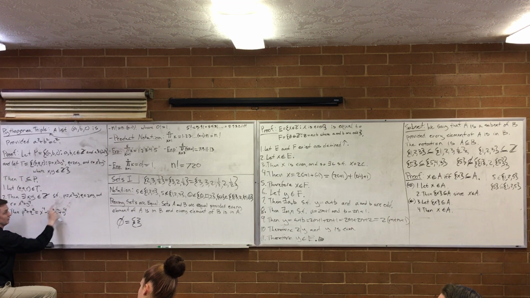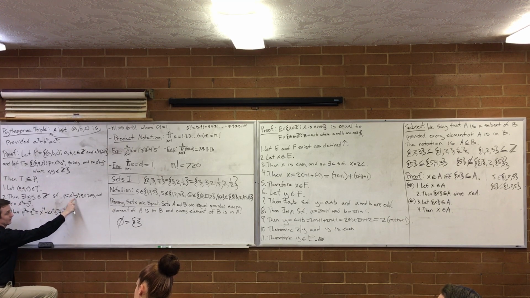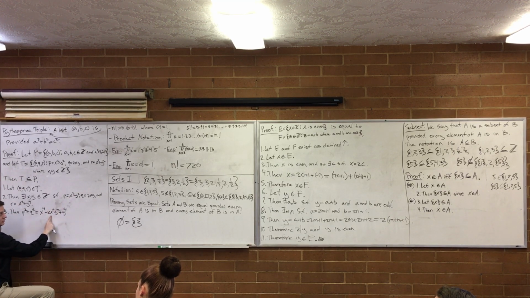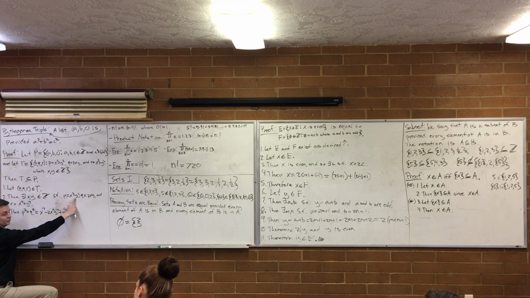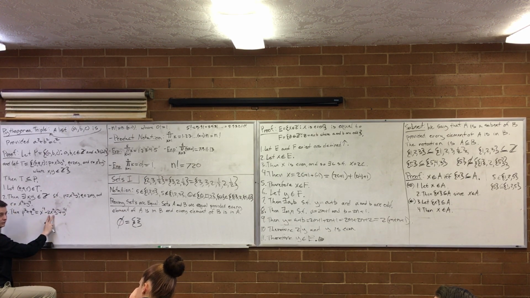You just square this. You do that times that plus that times that. x squared times negative y squared plus negative y squared times x squared. And then that times that. You follow it? Not really.